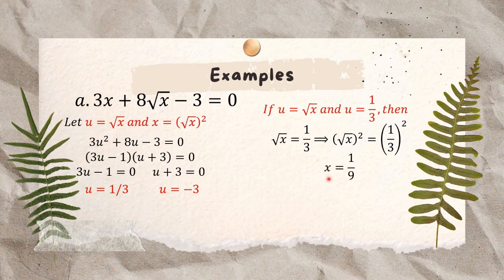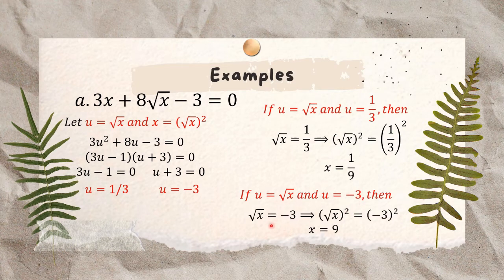Then we have x is equal to 1 over 9, since the quantity 1/3 squared is equal to 1 over 9. And if u is equal to -3, then square root of x is equal to -3. The same process po, we square both sides so that only x is left on the left side. Then we have x is equal to +9, since the square of -3 is +9 po.